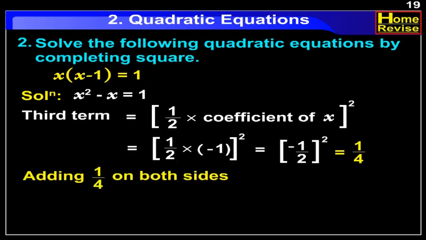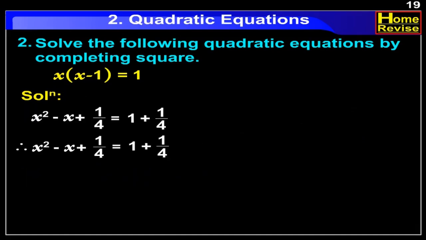Now adding 1/4 on both the sides, we get x² − x + 1/4 = 1 + 1/4. Therefore, x² − x + 1/4 = 5/4.